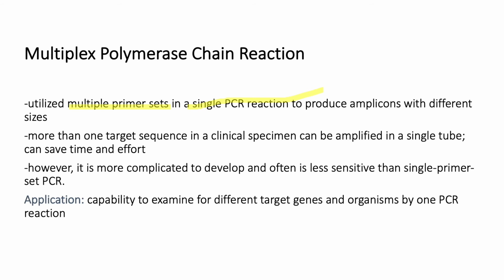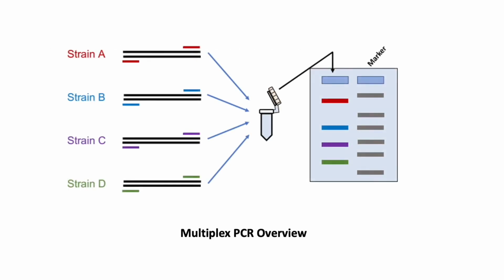Okay? Dito tayo. So I have here a photo which I think nakuha ito mula sa reference textbook natin. So as you can see, I have here your strain A, strain B, strain C, strain D. These are the primers for strain A, primers for strain B, primers for strain C, primers for strain D. Lahat sila nakalagay sa ating master mix.